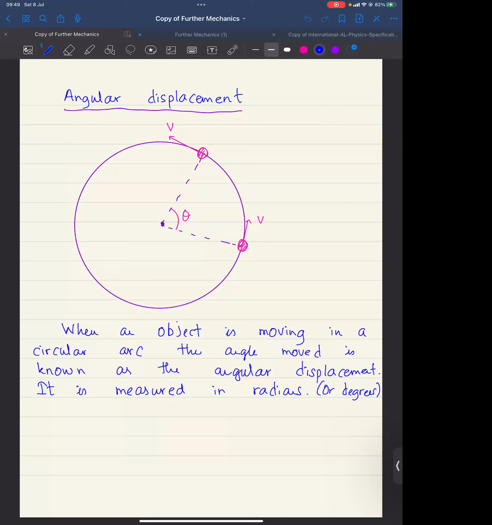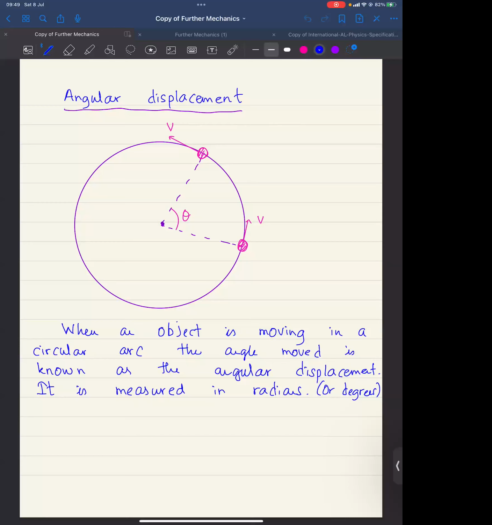Full stop. It is measured in radians. Within brackets, just mention sometimes degrees.